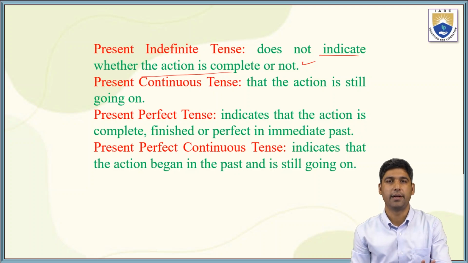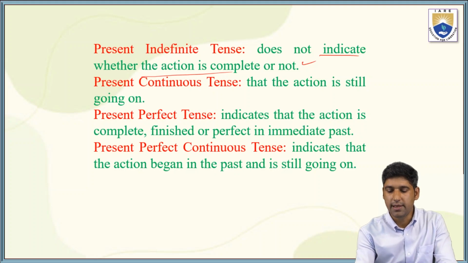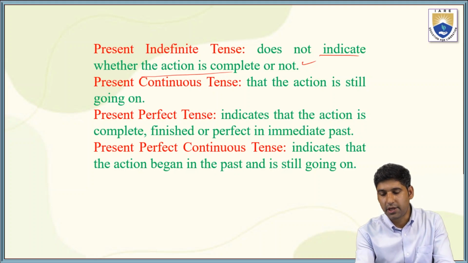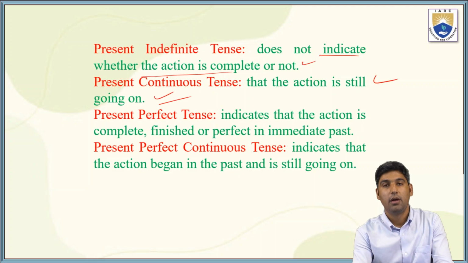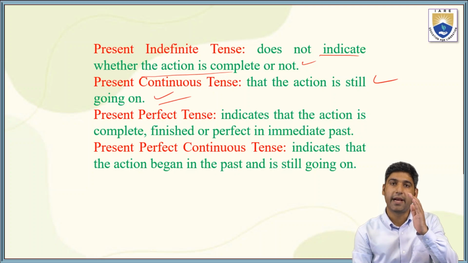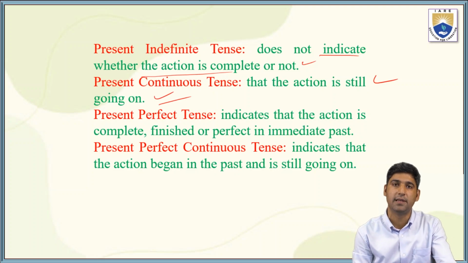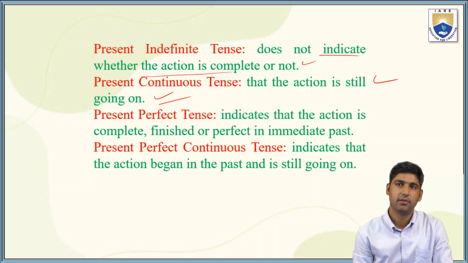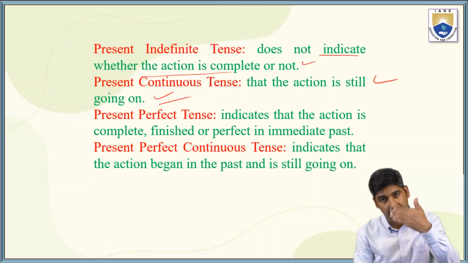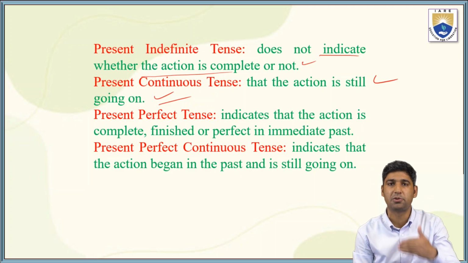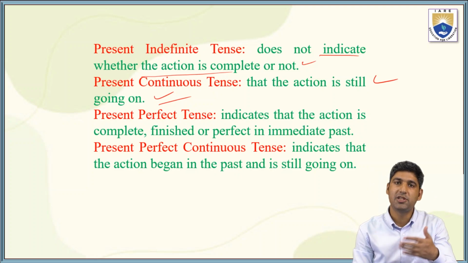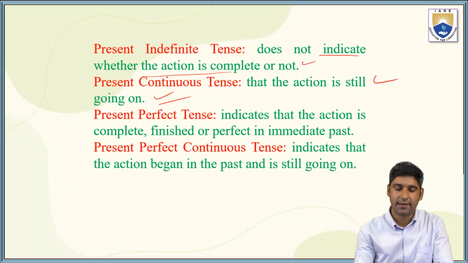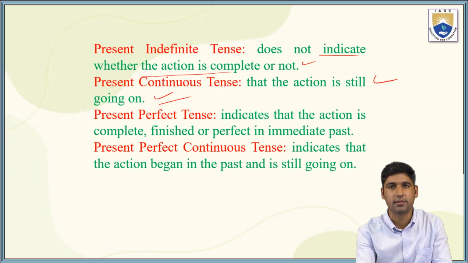Present continuous tense shows that the action is still going on. The action going on in the present can be shown in present continuous tense. It is the action going on at the time of speaking or mentioning or referring.